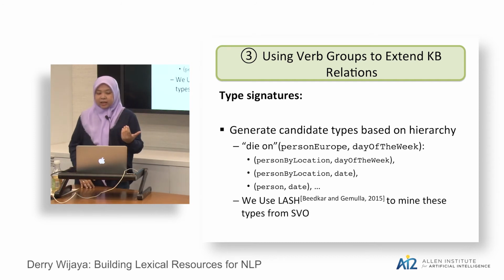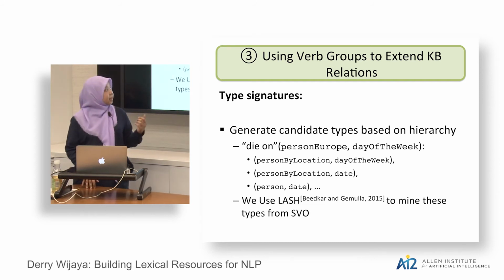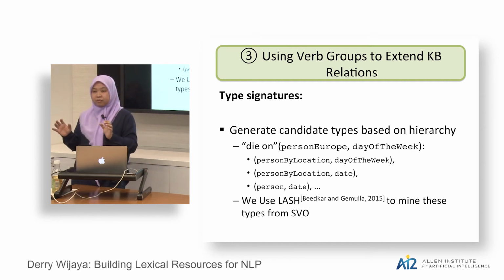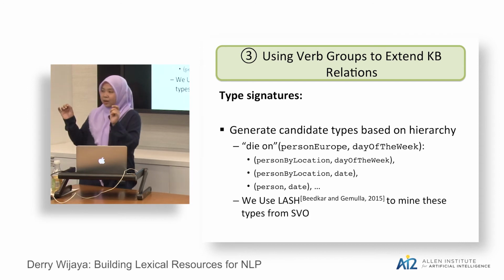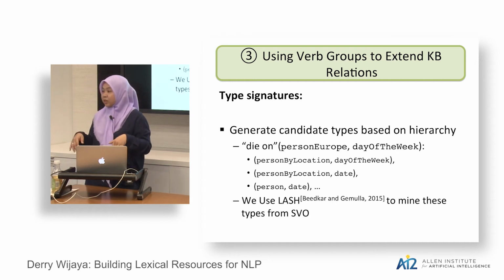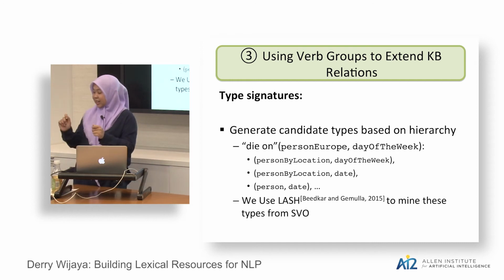The way we generate type signatures for verbs is, for all the subject, verb, object triples that we have in our ClueWeb corpora, we assign a type to its subject and a type to its object based on the NELL noun phrase to category mapping. This is a static mapping, so we did it out of context, just based on the subject and object noun phrases.